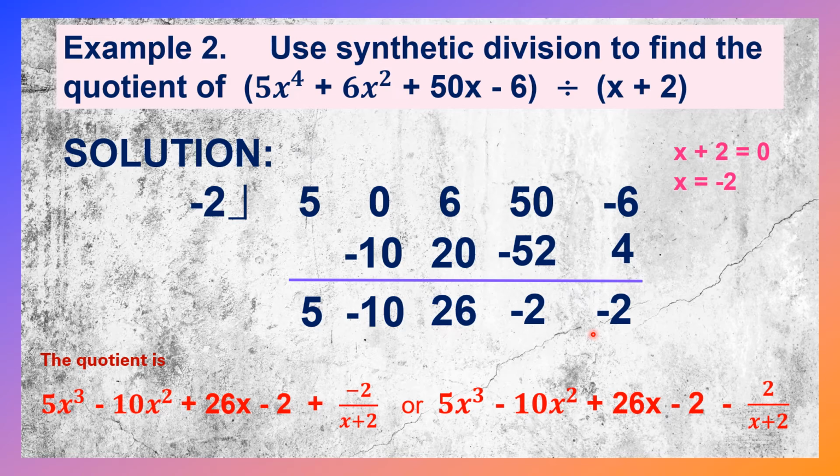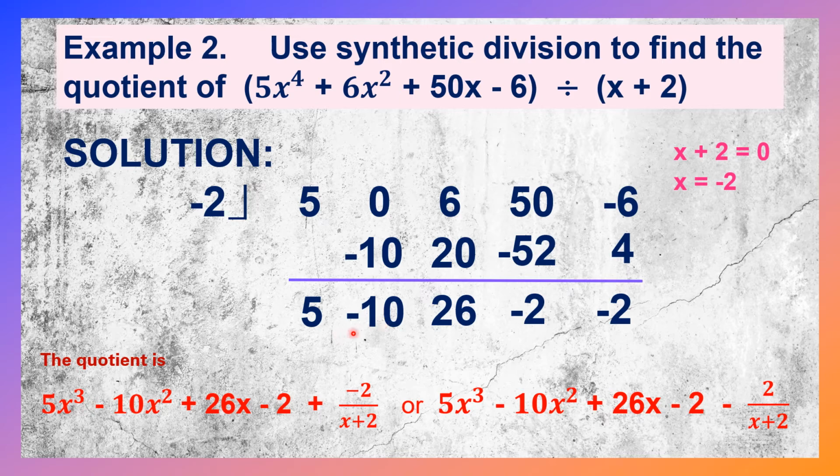Therefore, the quotient is 5x cubed. We subtract the exponent of the first term, which is 4, by the exponent of our divisor, which is 1. So 4 minus 1 is 3.